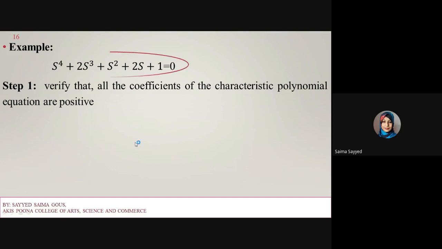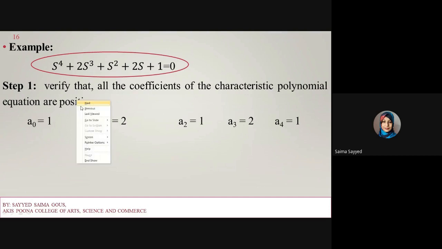Then we compare with the standard equation. So a0 will be 1, a1 will be 2, a2 will be 1, a3 will be 2, and a4 will be 1.